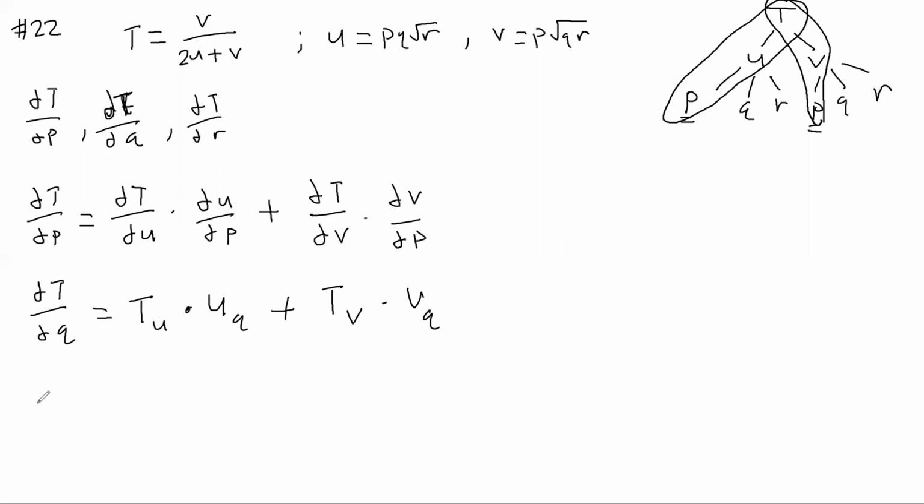And then lastly, we're trying to find t sub r, and that's the same thing as t sub u times u sub r plus t sub v times v sub r. I won't actually solve this out, but you would use the same approach solving chain rule questions. This is just another type of question where you have 3 variables instead of 2 variables.